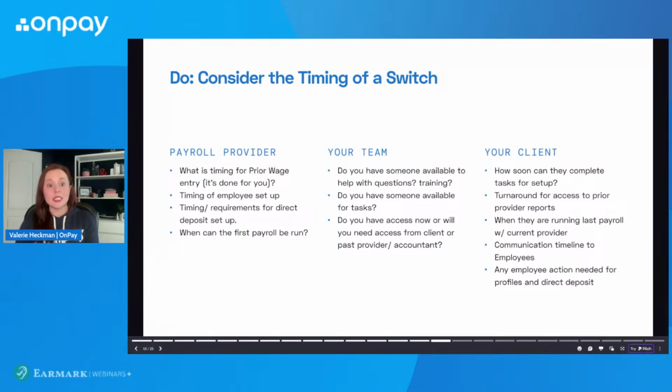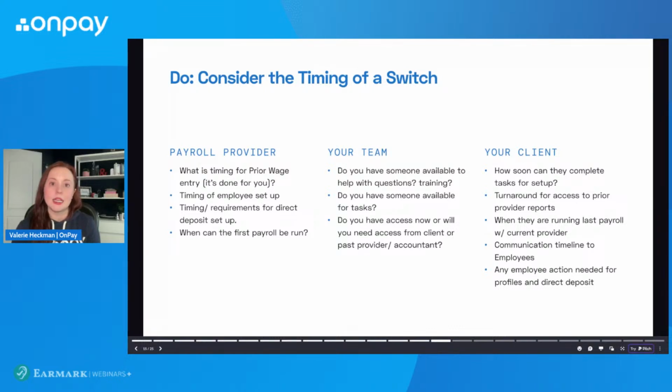When it comes to your team, be really realistic about the firm's availability to complete tasks, to answer questions, to get access and pull any reports that might be needed to successfully set up the company, the employees, and of course that pay history. And then even if you're going to be doing the payroll for your client and they aren't going to necessarily be in the system, chances are that you're going to need their involvement a bit and their participation in planning out this timing.